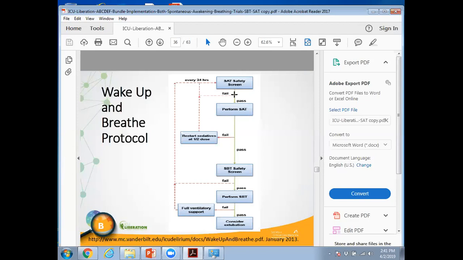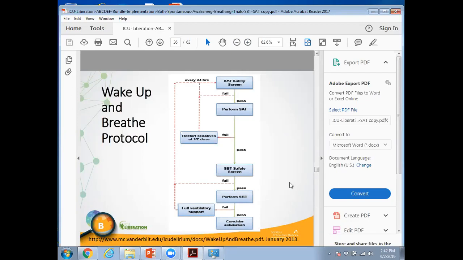If he meets these objective criteria, then you should stop sedation. And if he does okay, then you should move to a spontaneous breathing trial if he meets the criteria, and if he passes, you extubate. If he fails, you put him back on the ventilator, and if needed, put him back on sedation.